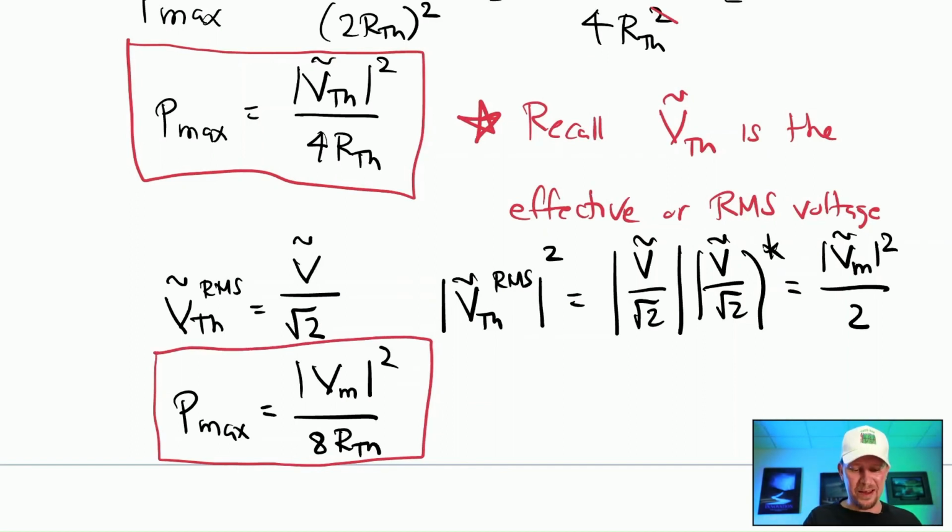Again, you see one of the reasons why it's so useful to work with RMS or effective values for voltages and currents when you're dealing with power questions. And that wraps up the question of maximum power transfer.